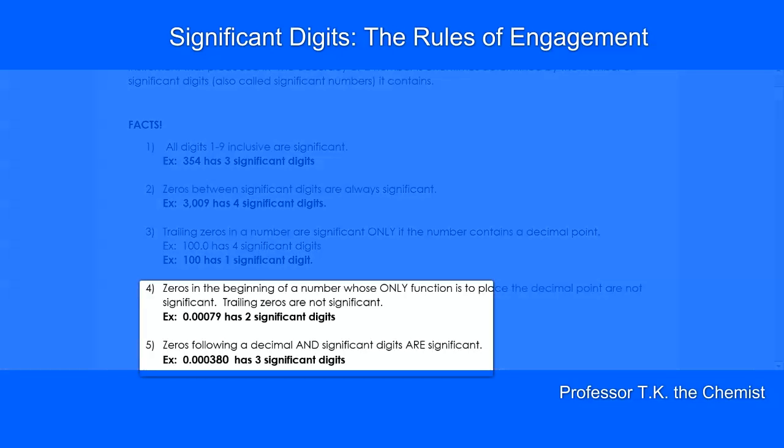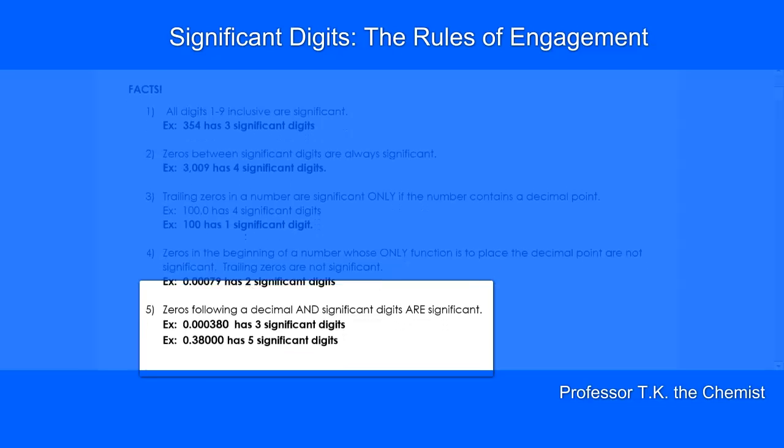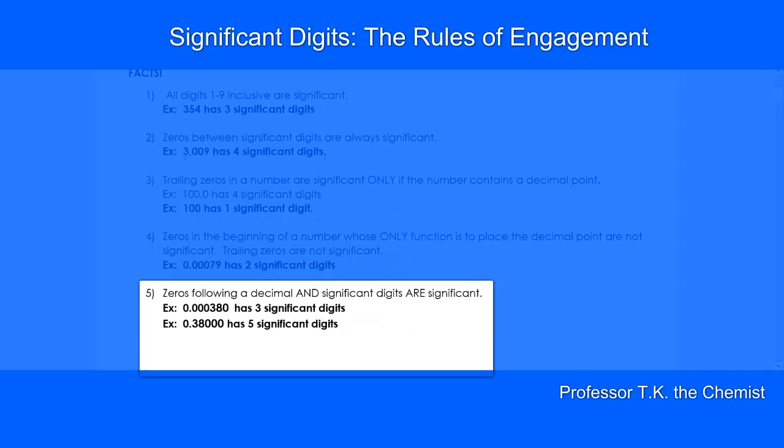And number 5, zeros following a decimal and a significant digit are significant. So for instance, if I give you 0.000380, the 3, the 8, and the 0 are all significant.